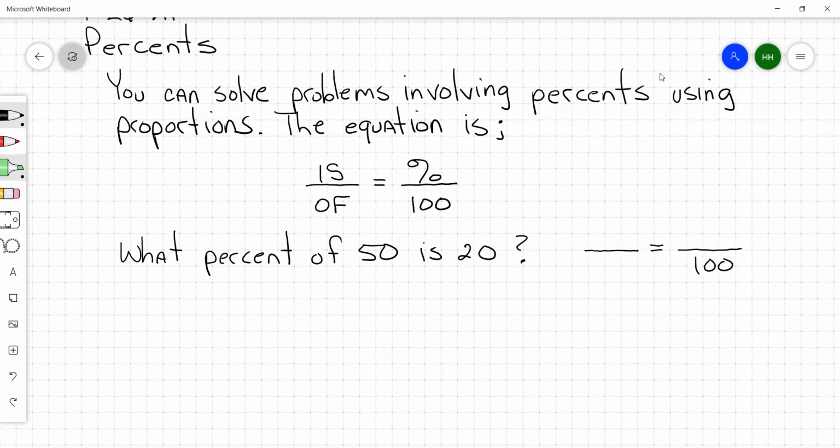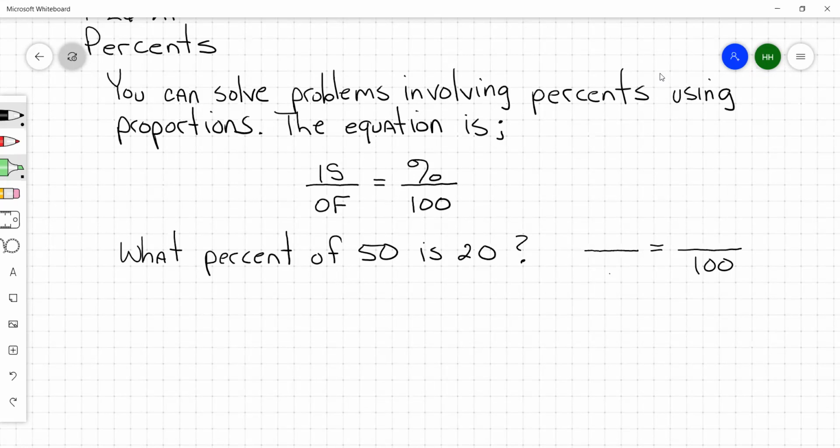Now you have three other variables to fill in. You find the is of the problem, and it goes in the numerator.